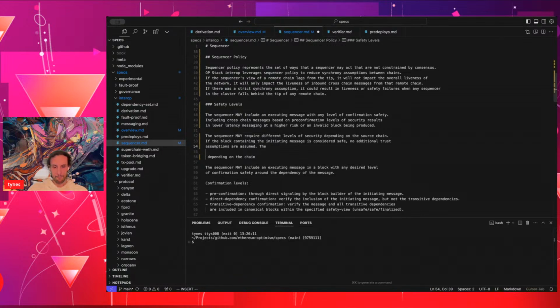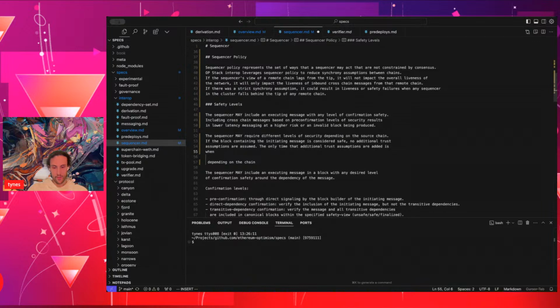The only time that additional trust assumptions are added is when an initiating message from an unsafe block is consumed.